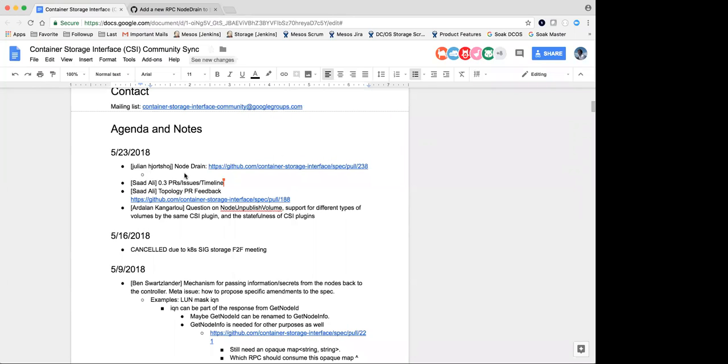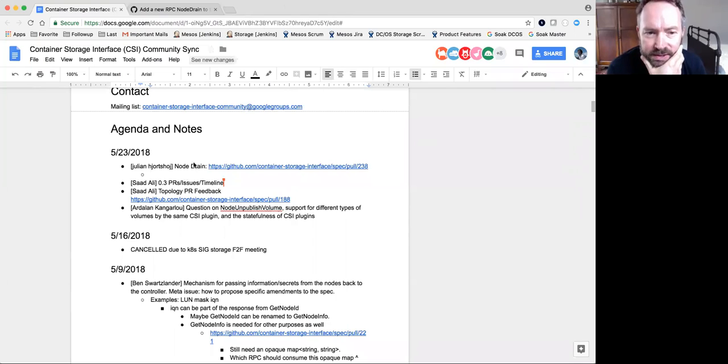So how would node drain handle this? Would it be expected to keep its own state and know what is supposed to be mounted and what's not? Yeah, that's a good question. That's something that is maybe a little different in CSI.